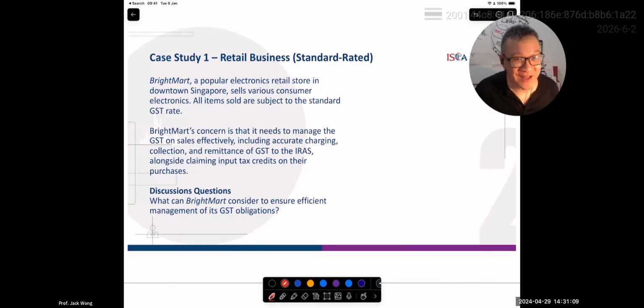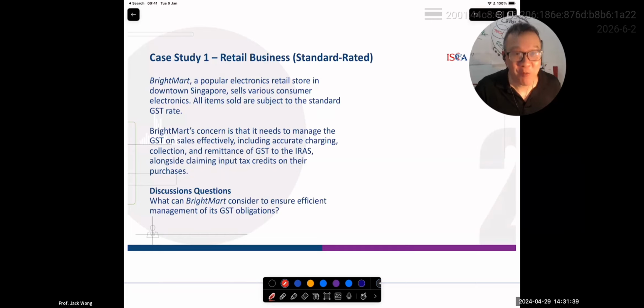They know the standard rate of supply, they are concerned how to manage it, right? So one thing you may want to take note of is to implement an integrated system, whether it's a POS, point of sales, or accounting system, that will automatically apply the GST rate to all sales and purchases.